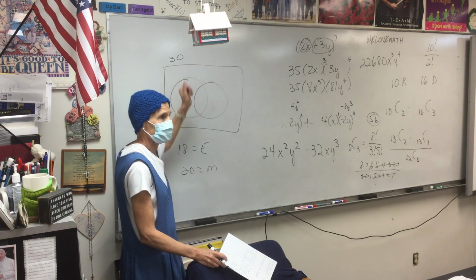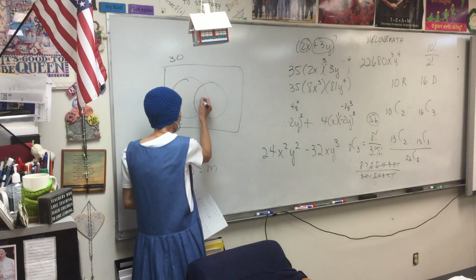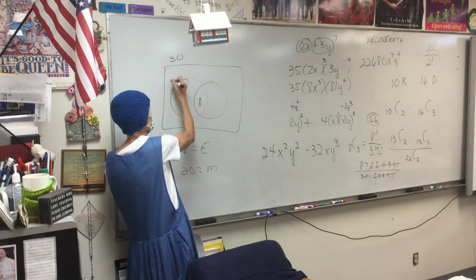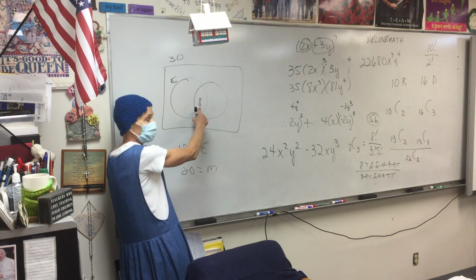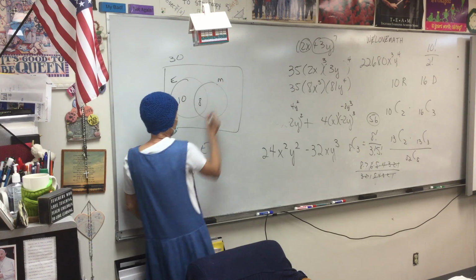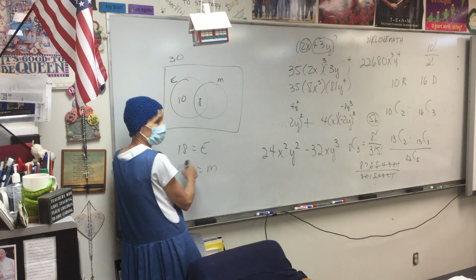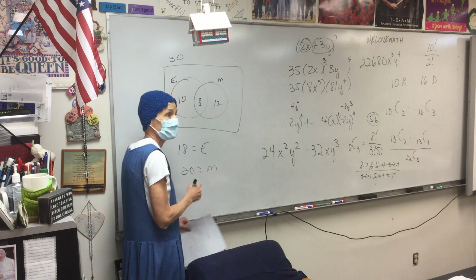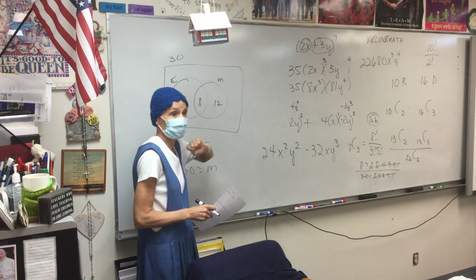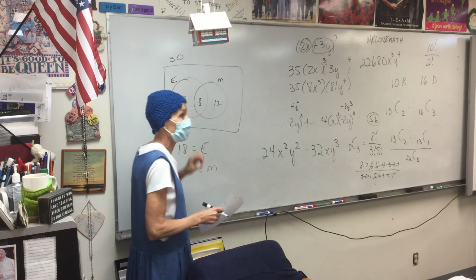There's only 30. So what does that mean? 8 were in the middle. If 18 liked English, but 8 of them have already been counted, that's a 10, right? And if 20 like math, but 8 of them have been counted, this must be a 12. So there are 12 kids that only like math and 10 kids that only like English.